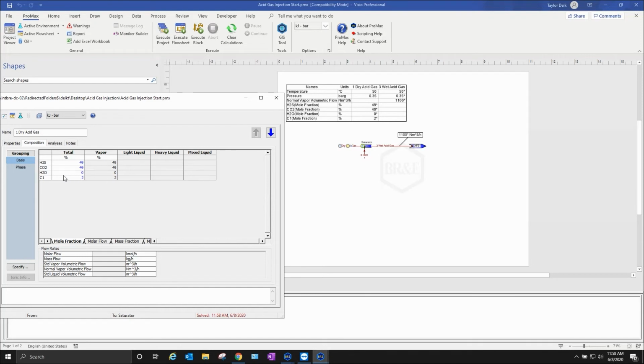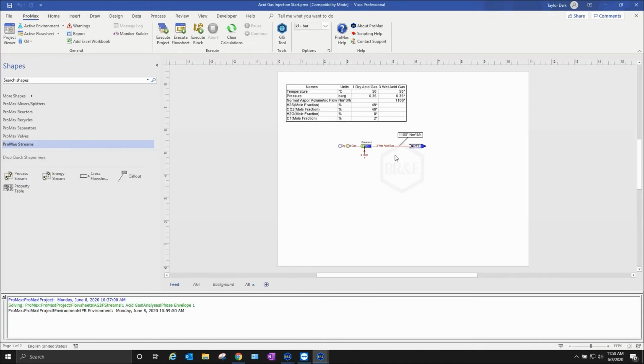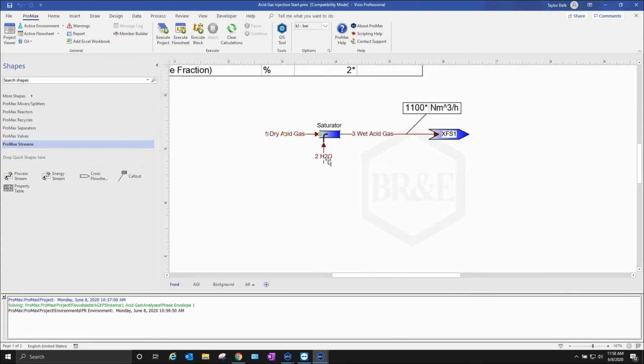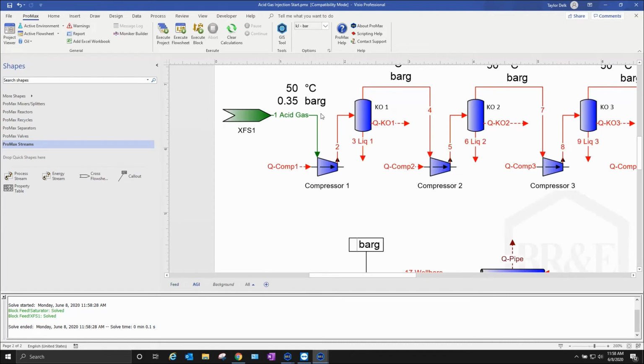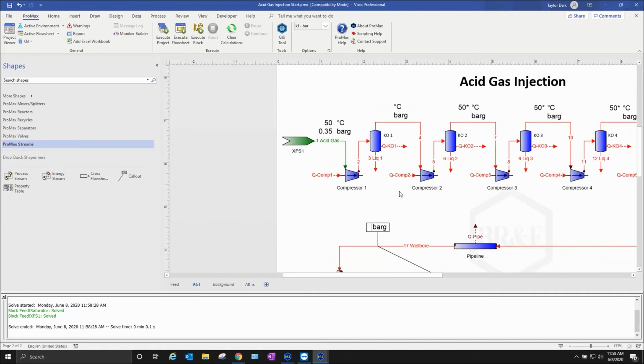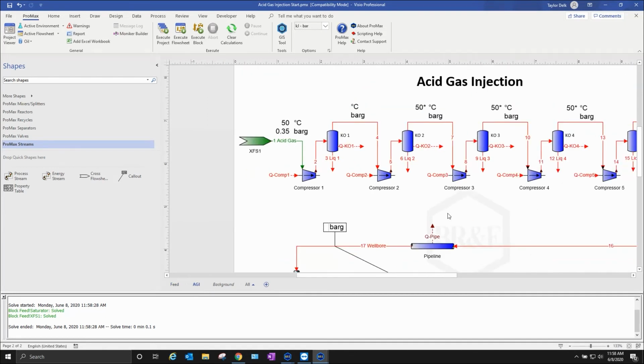But clearly, if we're coming from an amine regenerator, we would expect to see some water there. So what we did was we set up a saturator block with water to give us a more accurate feed for our compression system. And now you can see this is green, this is fully defined, fully calculated temperature, pressure, composition, flow, but our compressor is not yet ready to calculate.